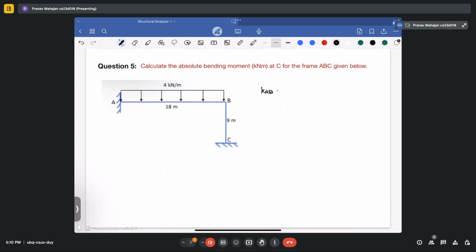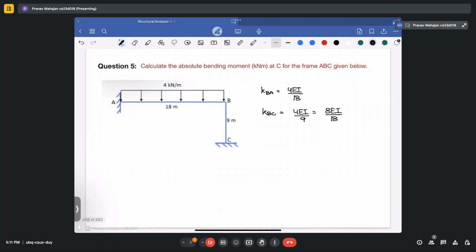Your KAB will be equal to 4EI upon 18. We will write it as KBA because only at B we are required. KBC will be equal to 4EI upon 9. If I make it so, it will be 8EI upon 18 so that the denominators will be same.